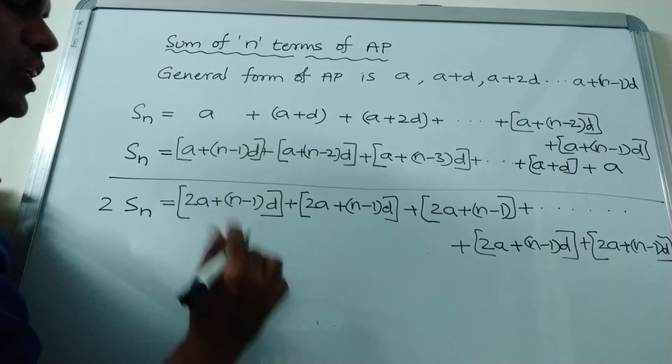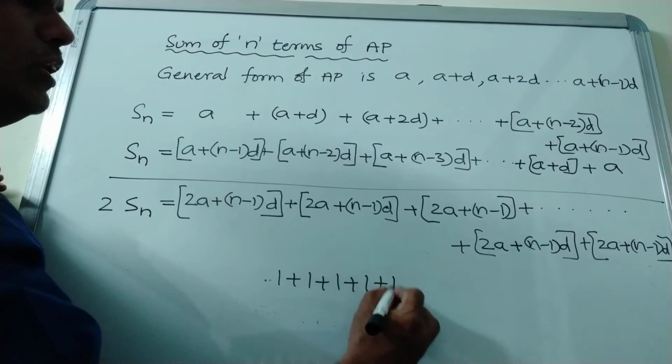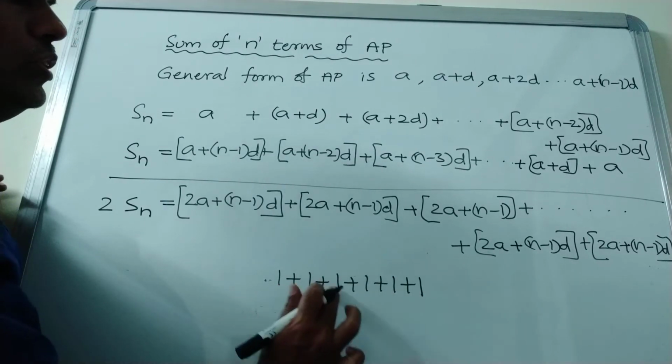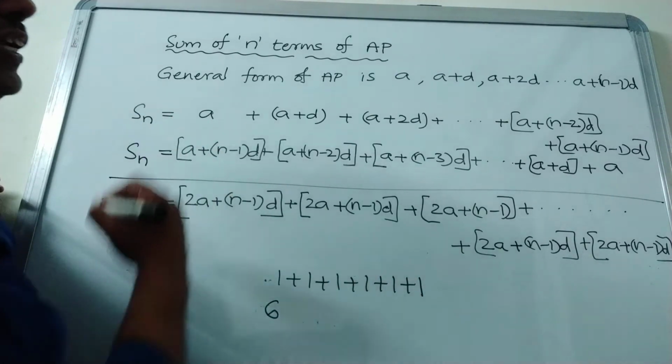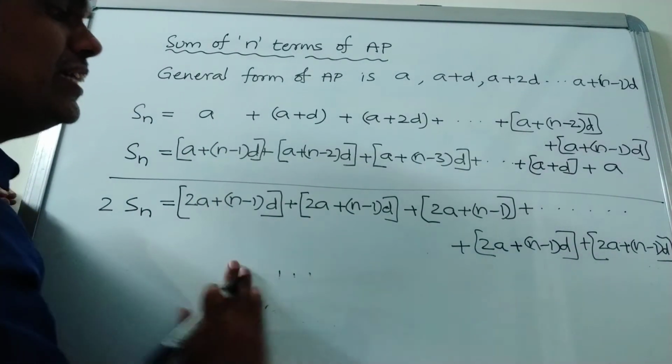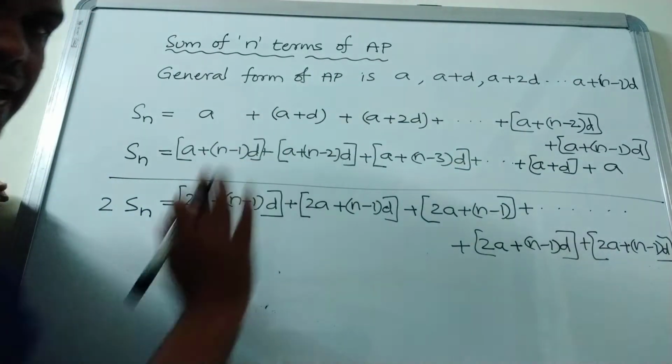Suppose we add 1 plus 1 plus 1 plus 1 plus 1 plus 1, that is 6 ones, what do we get? We get 6. Like this, the same expression we are adding n times.